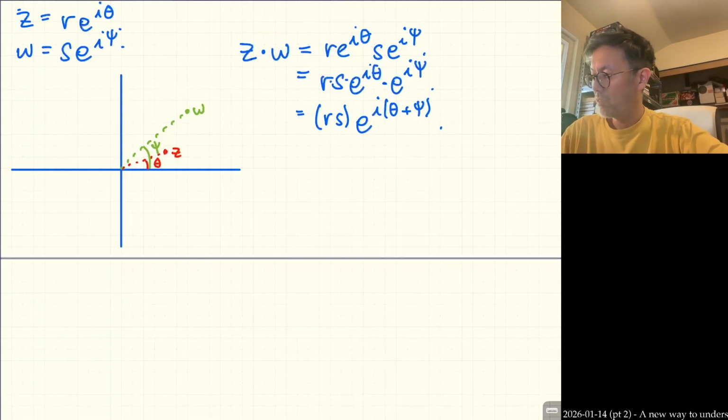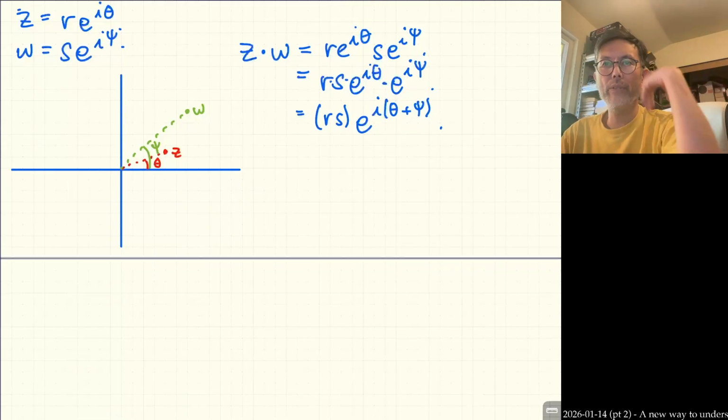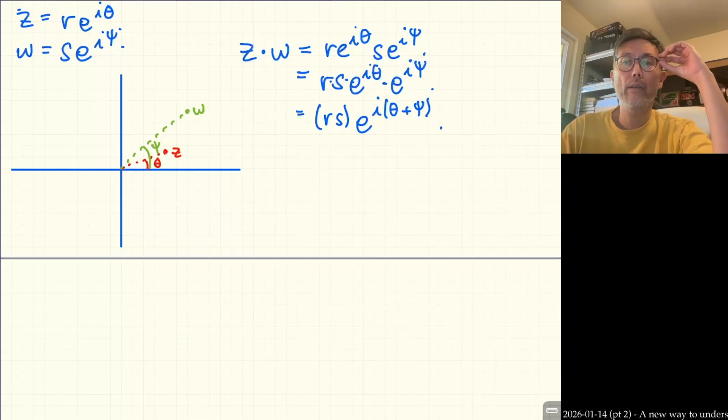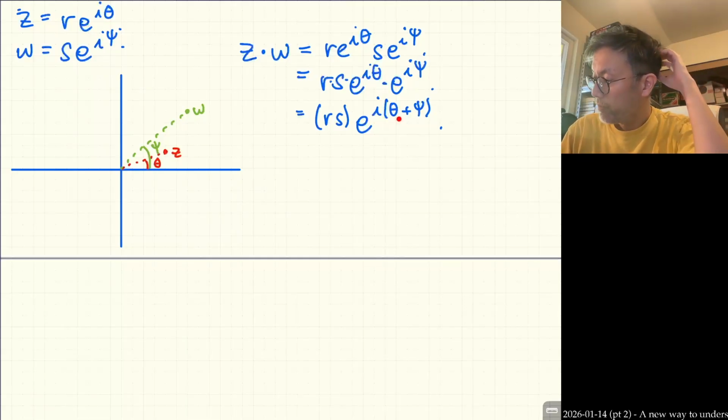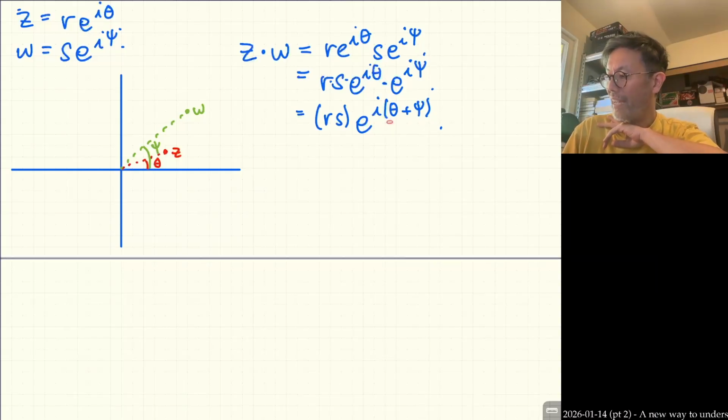And the angle, and by the way, we're going to come to learn the angle we have a name for that. We call it the argument of the complex number, but we haven't defined that yet. The angle that this complex number makes with respect to the positive x-axis, or the positive real axis, is now the sum of the angles, theta and psi. So the angles add together and the moduli multiply together.